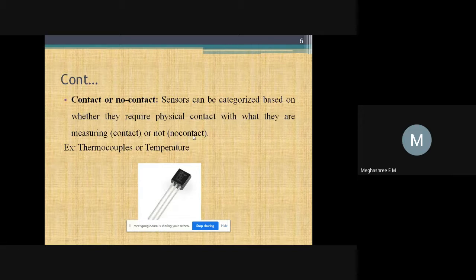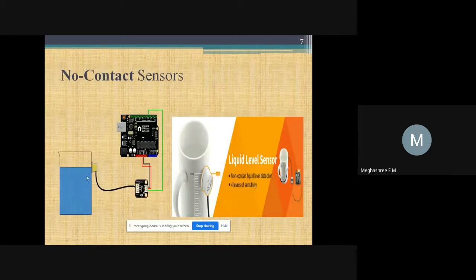What is no contact? Here is an example. I need to measure the water level of this tank. A sensor is attached to this tank, and it checks the level of water, and the readings are passed onto the device where it can be controlled or checked. So this is one example for no contact sensors.